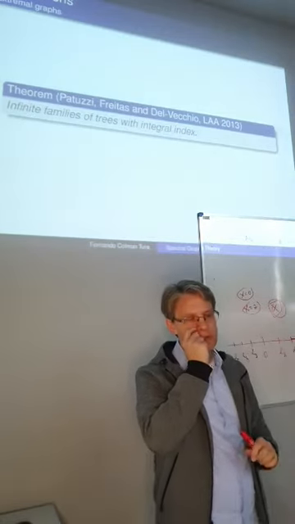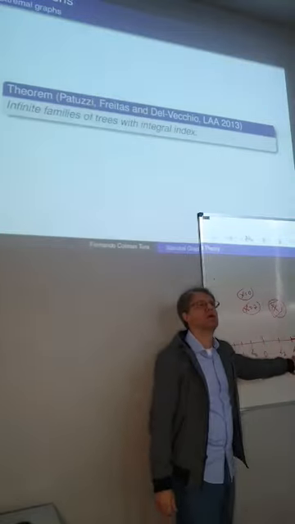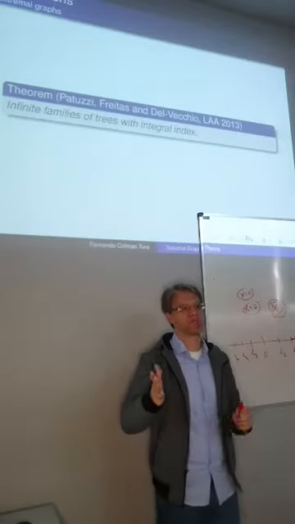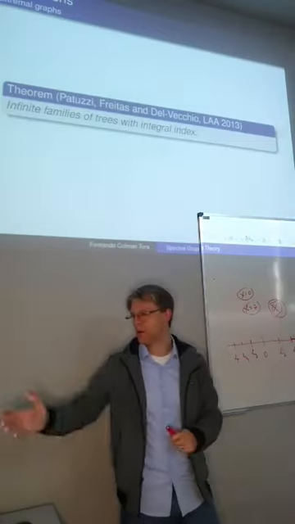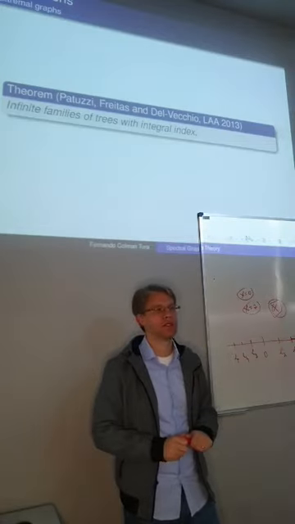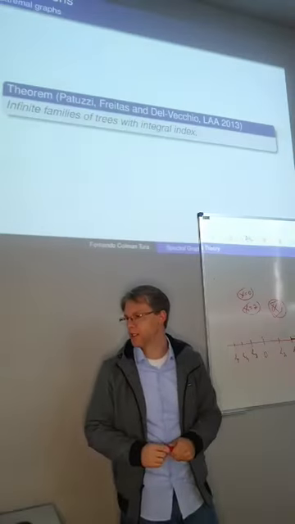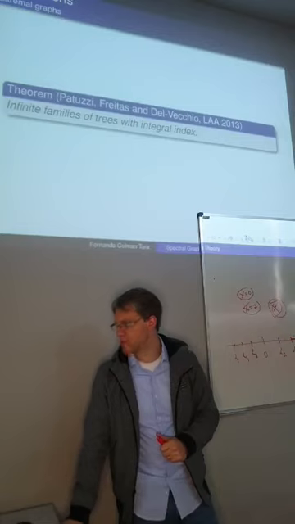It's very hard to find this value to be a positive integer. It's not easy to find this. So they used the diagonalized algorithm to prove there are infinite families of trees with integral index.